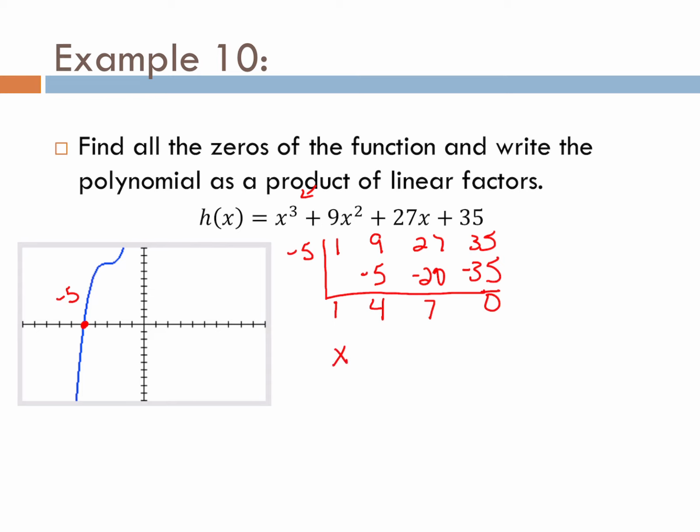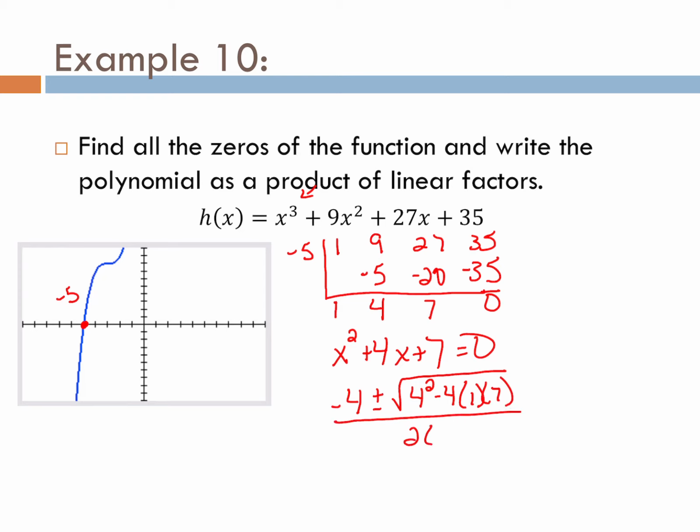So now this is x squared plus 4x plus 7. Again, we know we're not going to be able to factor it because there's nowhere that it crosses the x-axis, so we're going to have our -b, so -4 plus or minus, this would be 4 squared minus 4 times our a is 1 and our c is 7, all over 2 times our a.